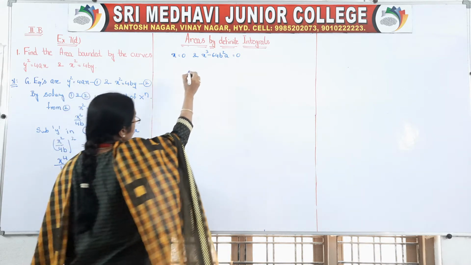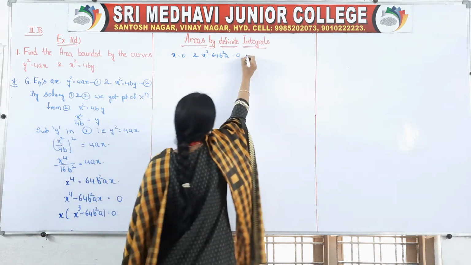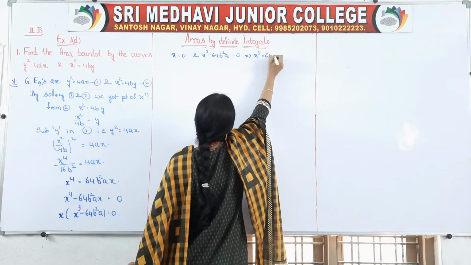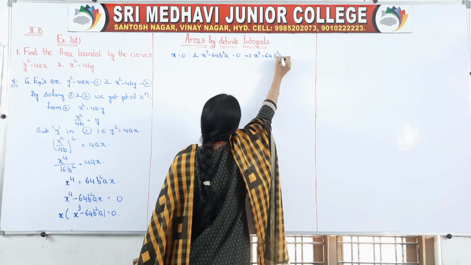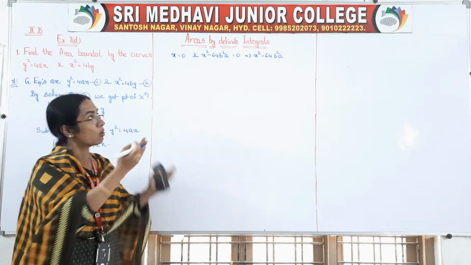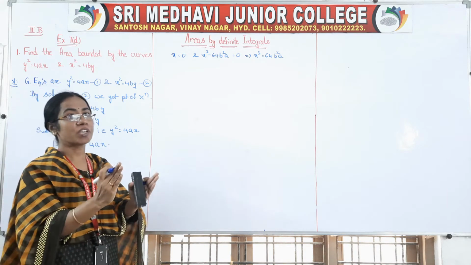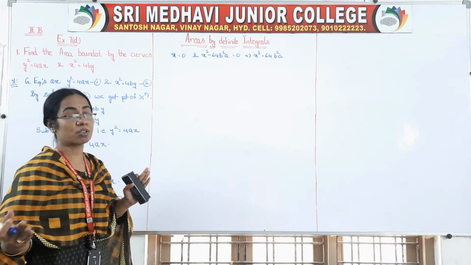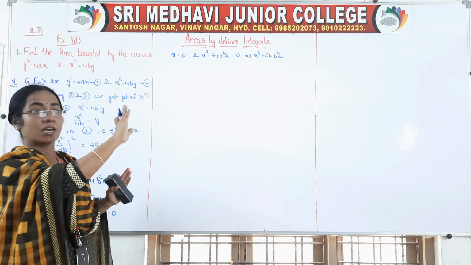Okay, so from this we can take x cube is equal to 64b square a. Taking cube root on both sides, we want the x value. One x value is 0. So we have to take the area from x is equal to 0 to another x value we want. So we want x, not x cube.